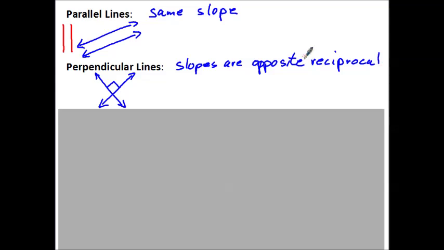So think about it this way: if we have parallel lines, to get the slope of one of the lines, knowing the other one, we don't have to do anything, right? For perpendicular lines, we have to do two things to find the slope of the perpendicular line given the slope of the original line. So it kind of averages out, right? We do have a symbol for perpendicular lines, and again, it also looks like two perpendicular lines. They cross each other at a right angle.